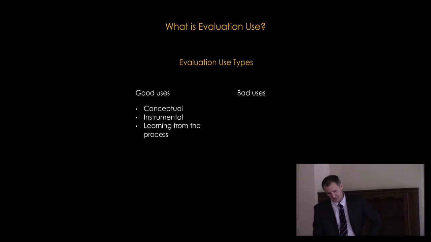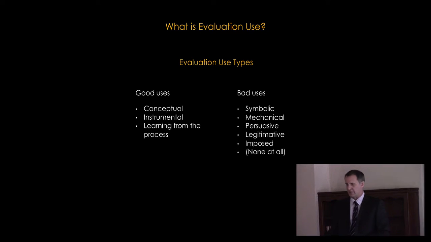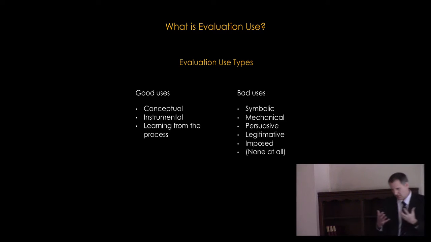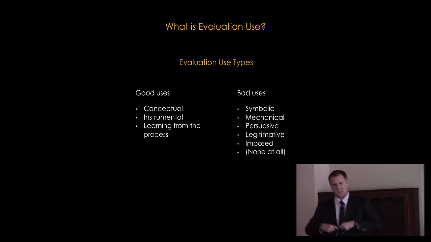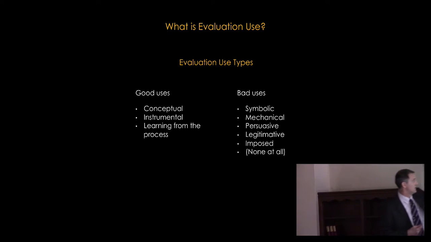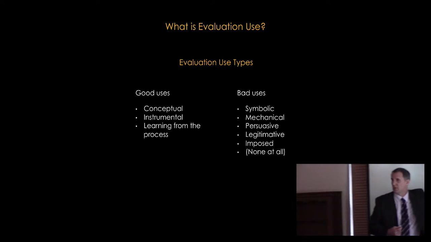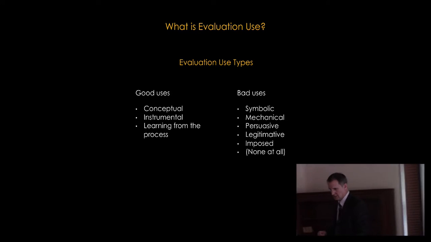Bad uses are doing evaluation simply to show people that I'm doing evaluation, symbolic, and other ones, the details are not so important. But the idea here is that evaluation wants to know what are the approaches to evaluation, innovations, etc., that help us realize this and avoid this, right? You get the idea.